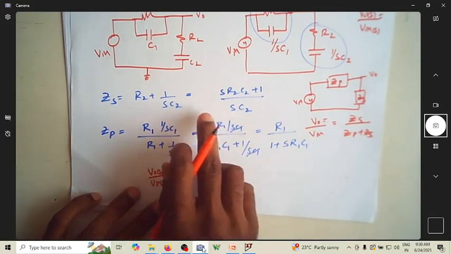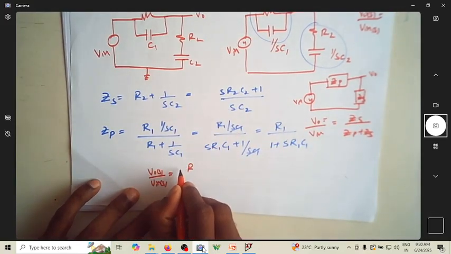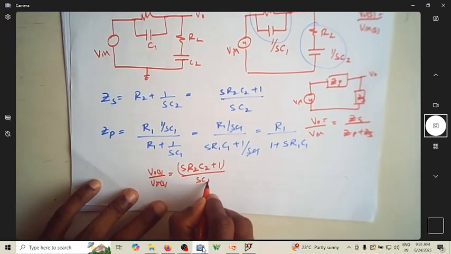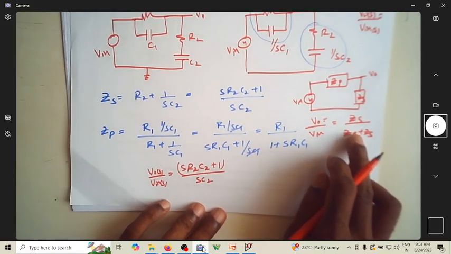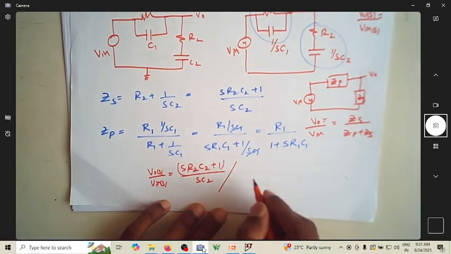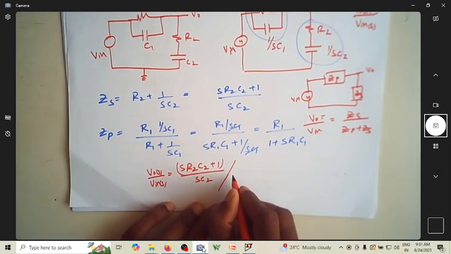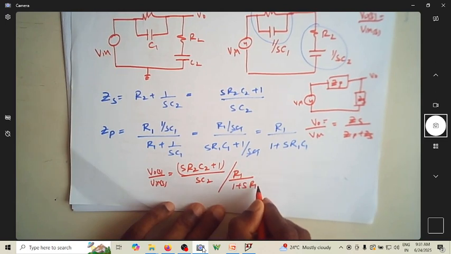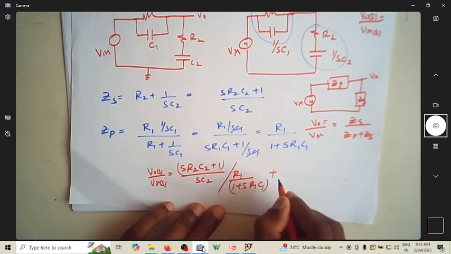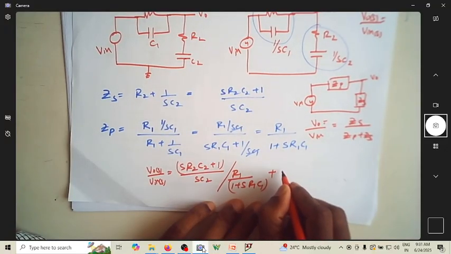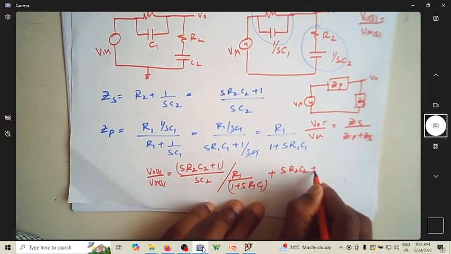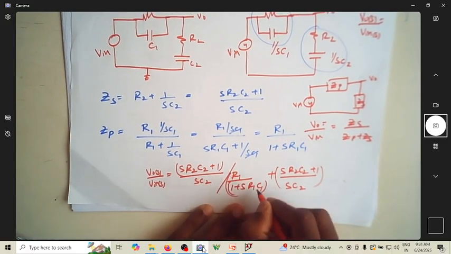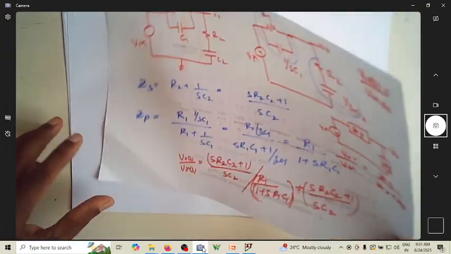ZS is S R2 C2 plus 1 divided by S C2, divided by ZP, R1 divided by 1 plus S R1 C1, plus ZS, which is S R2 C2 plus 1 by S C2. So these two are the terms in the denominator.